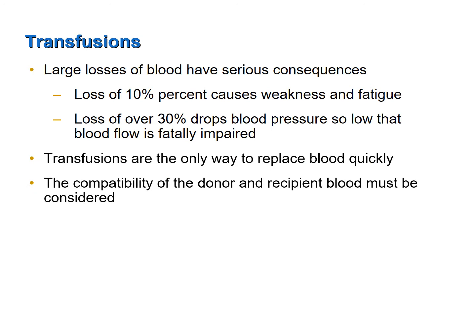In that situation, the only way to replace the blood that was lost quickly and restore blood pressure is through a transfusion, where donated blood is intravenously introduced to the recipient through their veins. When delivering donated blood to a recipient, the compatibility of the donor blood and the recipient blood must be considered.